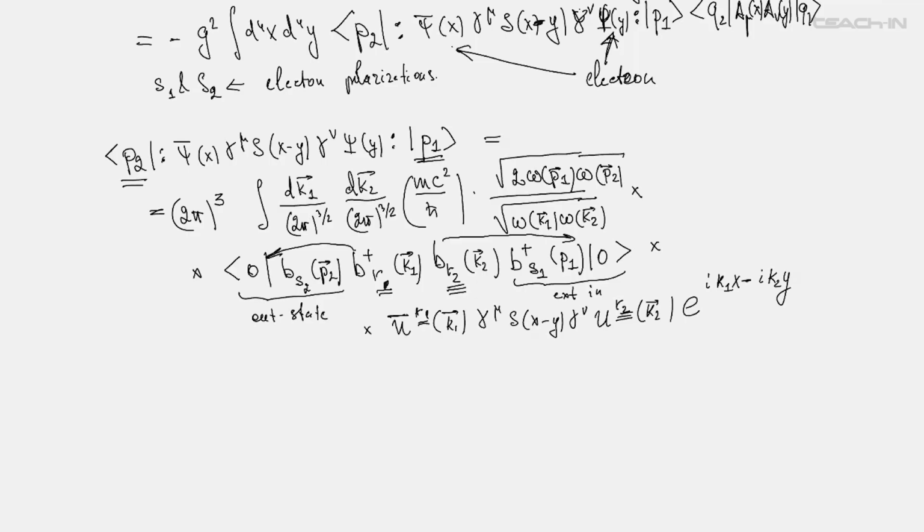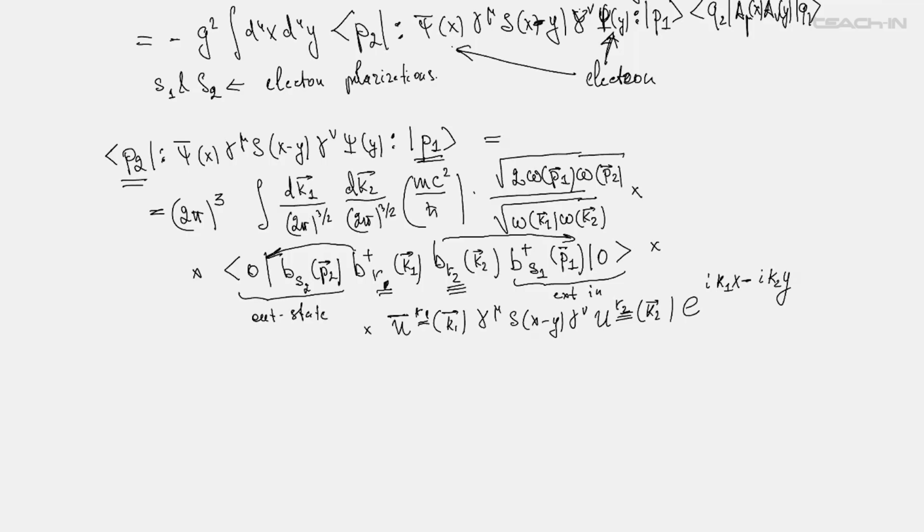And since b and b dagger anti-commute, this will leave behind a certain contribution, and the anti-commutator of b and b dagger will be proportional to a delta function.